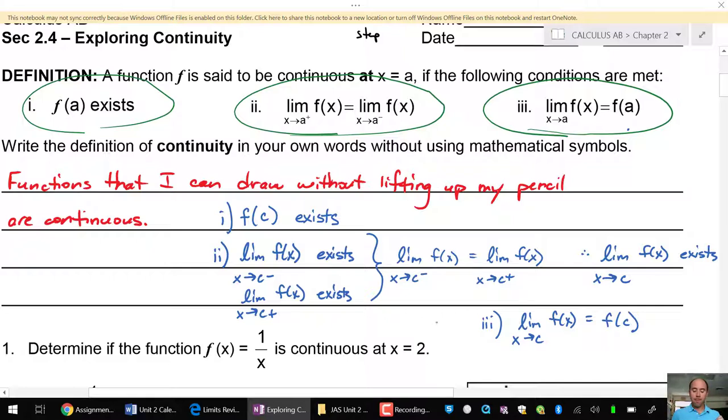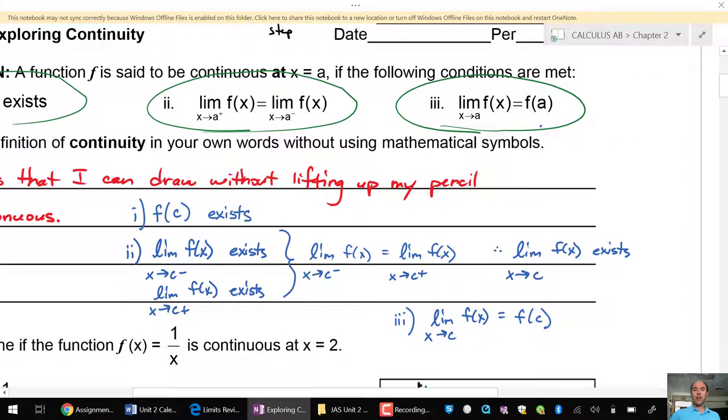Bracket them together and show that they're equal, which means that the limit overall as x approaches that value exists. So there's a lot to show in that second step. And the third and final step: does your value from part 1 equal the value from part 2? If they do, that's your third and final step.